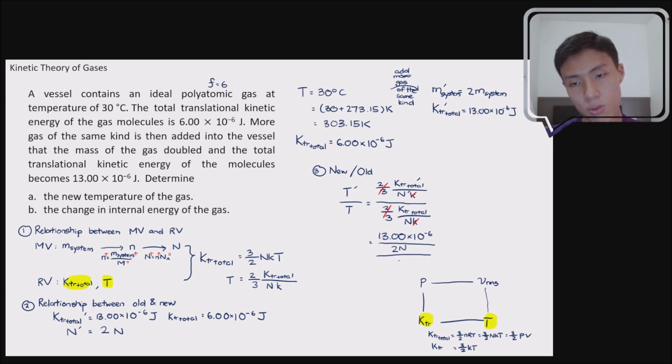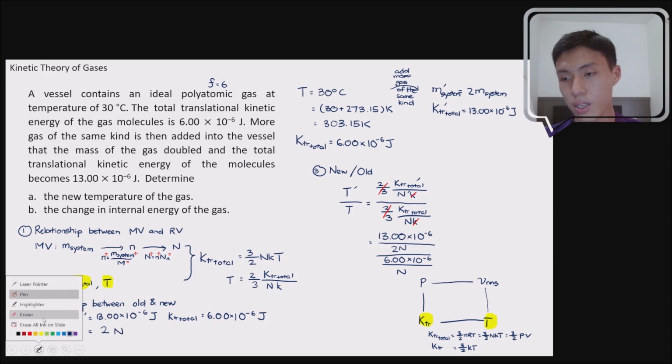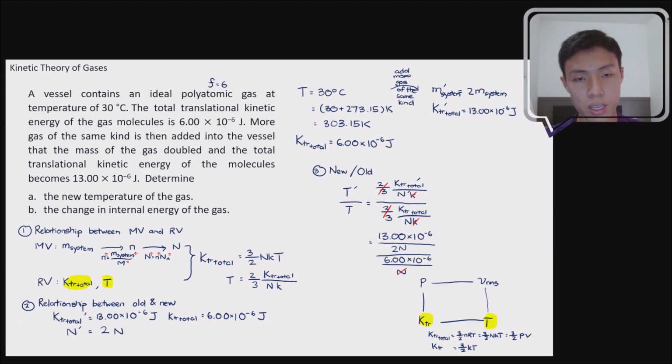Divided by KTR total, the old KTR total is 6.00 times 10 to the power negative 6, then divided by N. The N is the old N, so here you can cross out the N. Then from here you can do your calculation, and I believe that if you do your calculation, you'll get an answer which is 13 over 12. So we know that the new temperature divided by the old temperature is equal to 13 over 12. So T new is equal to 13 over 12 T old.